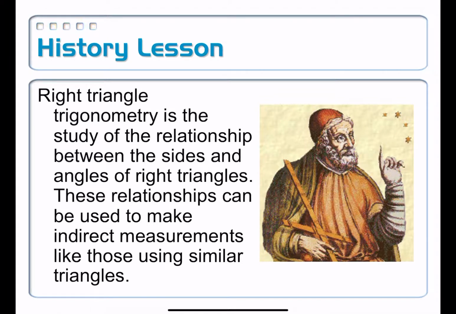Right triangle trigonometry is the study of relationships between the sides and angles of right triangles. These relationships can be used to make indirect measurements like those using similar triangles, and that's what we did in that warm-up exercise.